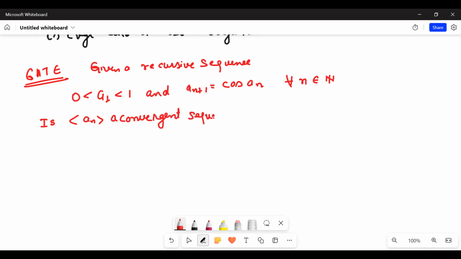Now, in this sequence, you clearly know that this is cos, and cos in general will not let an be a monotone sequence. See, a(n+1) is equal to cos of an. Remember that cos oscillates.